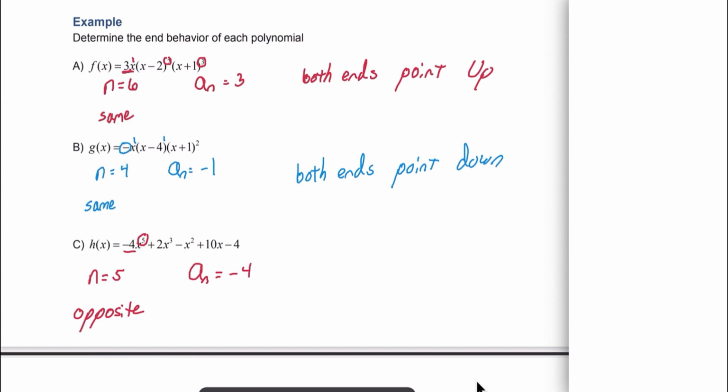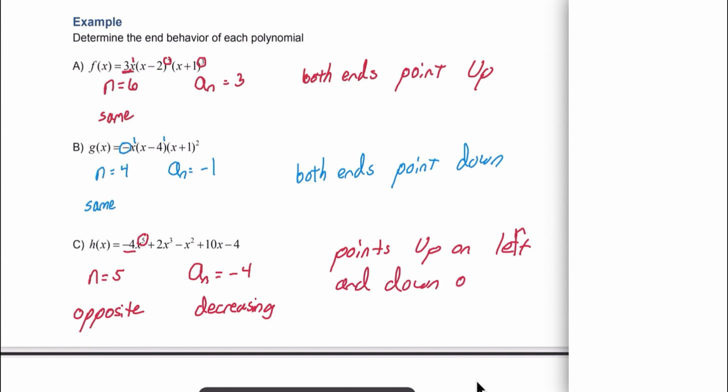Since the leading coefficient is negative, that means overall the graph will be decreasing. So that's decreasing overall. That points up on left and down on the right. So overall the graph is decreasing.